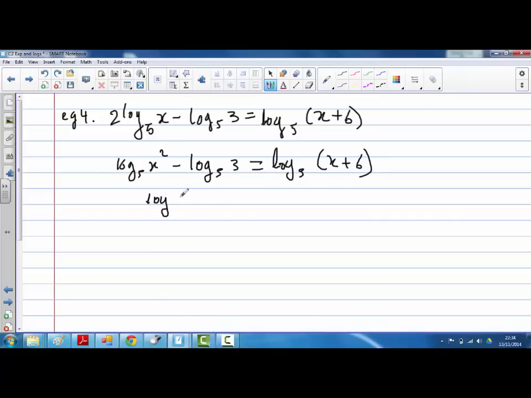So you've got log of x squared over 3 equals log of x plus 6, and essentially, since we've got the logs of both sides, we're saying they're equal, therefore the input values must be equal. It's the same base, base 10, and so we've got x squared over 3 equals x plus 6.